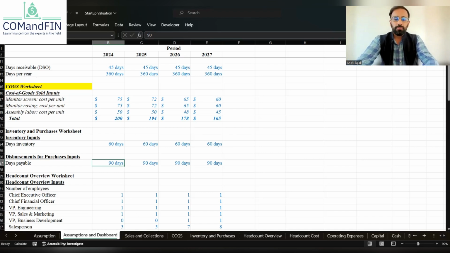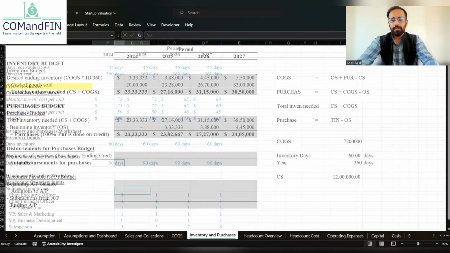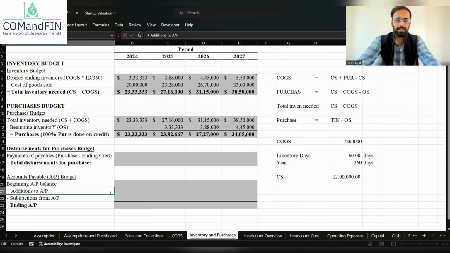So if I want to calculate the value of creditor, what is the formula? The formula is the credit purchase. Nothing is given related to the purchase, so we'll assume that 100% purchase is done on credit basis. The formula is credit purchase multiplied by the creditor days or payable days, and we will divide this with 360 days.